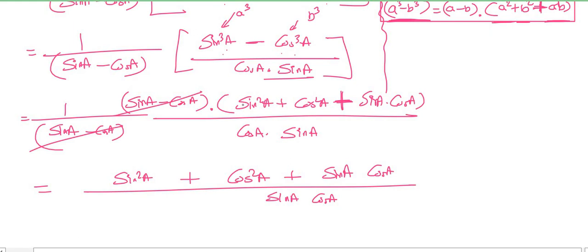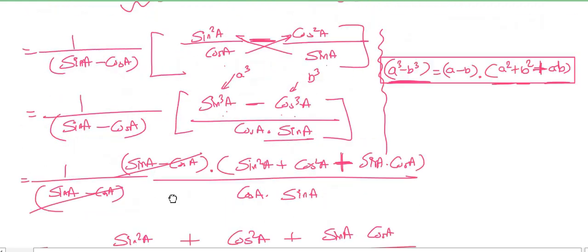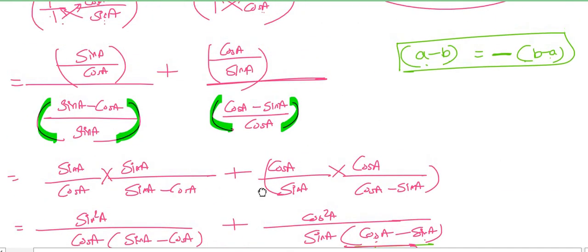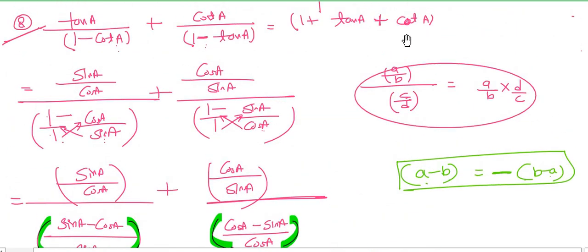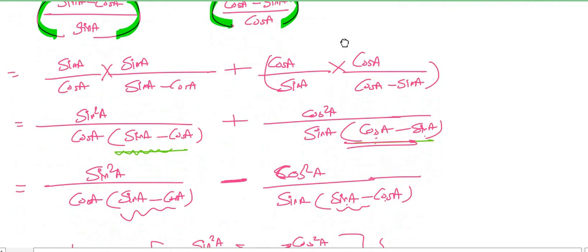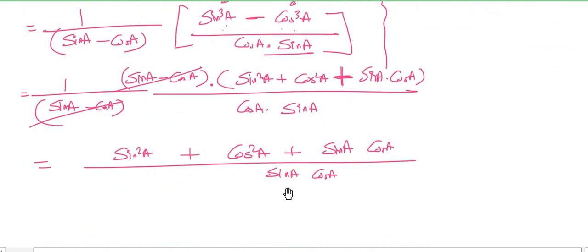Let's observe what we have to prove. इधर देखिए, we have to prove this. This was the question. 1 plus tan A plus cot A. We have come so far, right? So far. You can pause it and see.